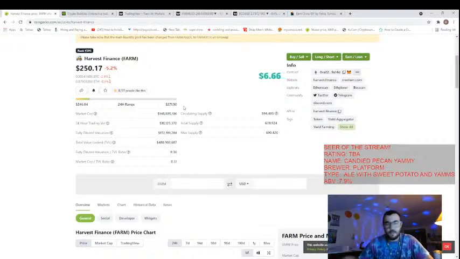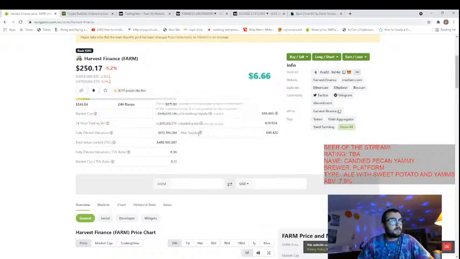Circulating supply, there's 594,000, and max supply is 690,420, and total supply coming in at 639,924. So we looked at all that stuff the last stream. You know what I mean. This token is a yield aggregator, a yield farmer governance token, and a decentralized finance token.